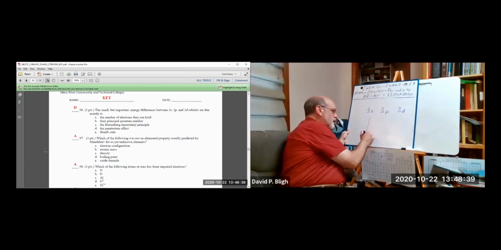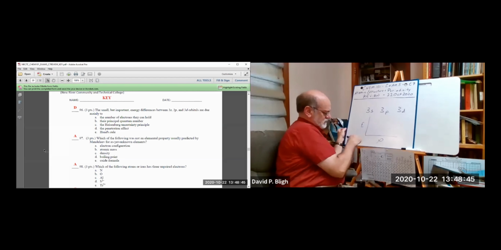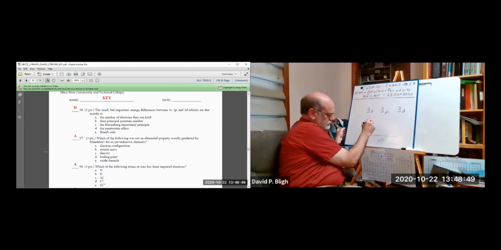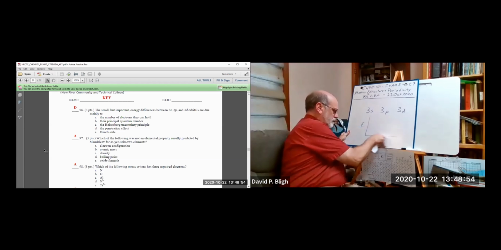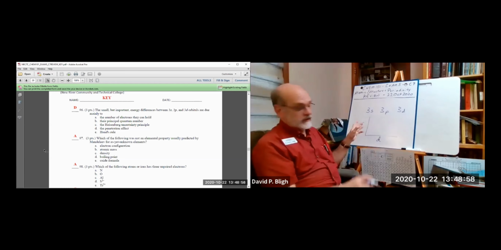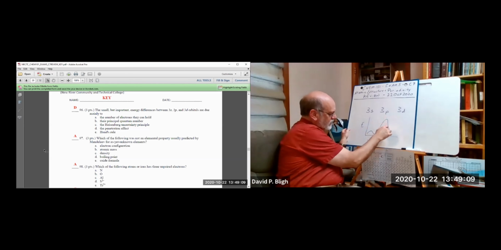Remember that diagram with energy here and density here? No, that's not right. Distance from the nucleus, right? So for the 3s orbital, we get a density here, and then a node, and then a density out here.